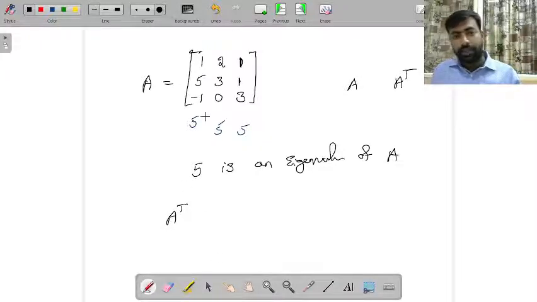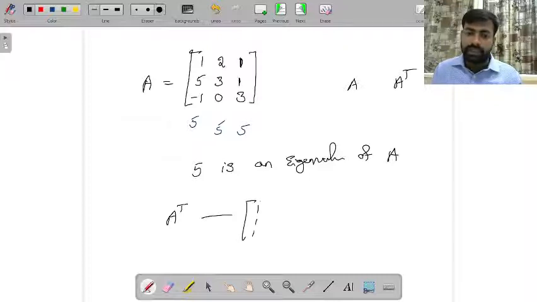Because the moment you take A transpose, the columns become rows. Now the row sum will be equal to 5. So whenever the row sum is constant, you know that 1 1 1 is always an eigenvector. So what I know is A transpose multiplied with 1 1 1 gives me 5 times 1 1 1.